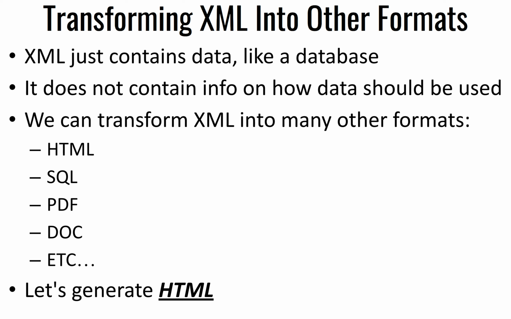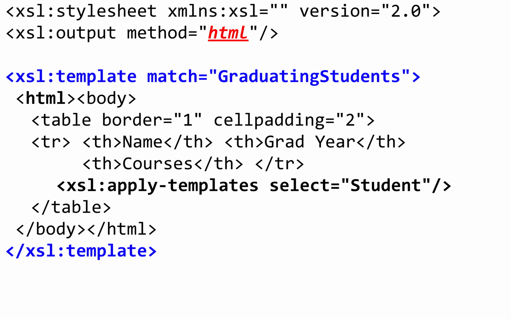As I mentioned earlier, we can generate any type of document. You can generate images, you can generate anything you want. It's data, so you can transform it into anything you want. So let's take a look at an example here. Also notice that we're declaring the output method, see that xsl:output, and we can say method equal HTML.